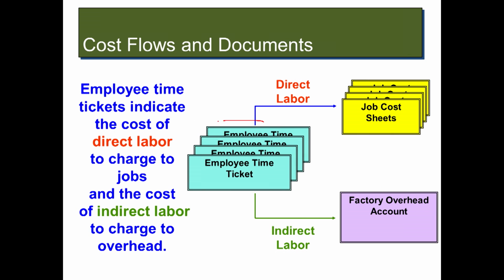We have employee time tickets. Some of those will be direct labor, and they can be traced right to the job cost sheets. But some of those will be indirect labor. Like maybe they're the people who purchase the materials, or they're supervisors or something. Well, their labor is not traced to the job cost sheet directly, but is rather accumulated in this factory overhead account. Okay, make sense?